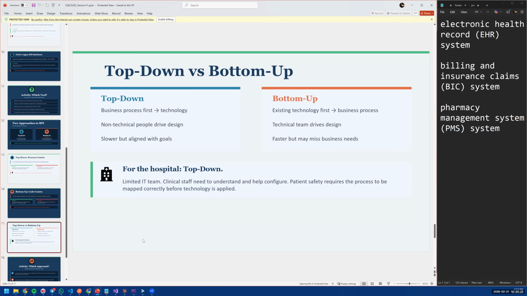So given the hospital scenario that we had, which approach would you recommend for a hospital that has a limited IT team?